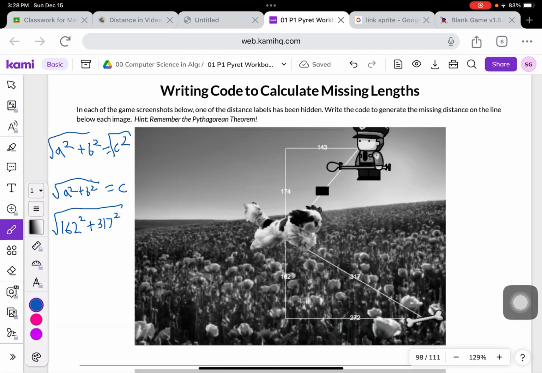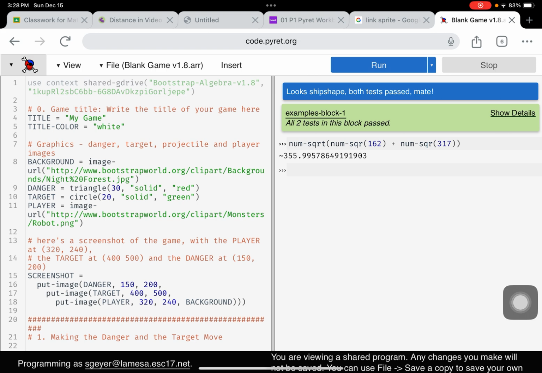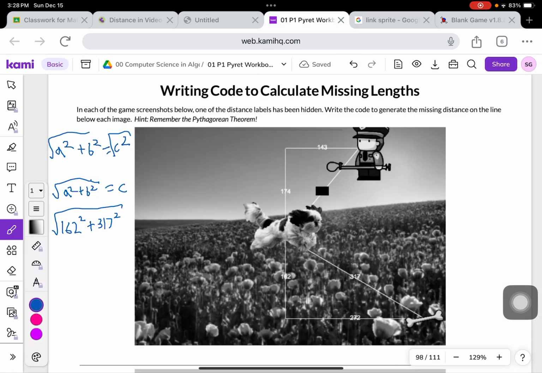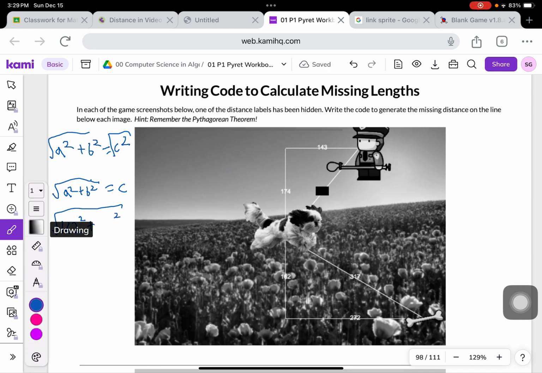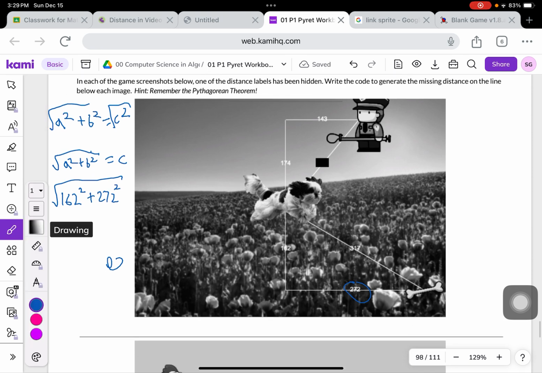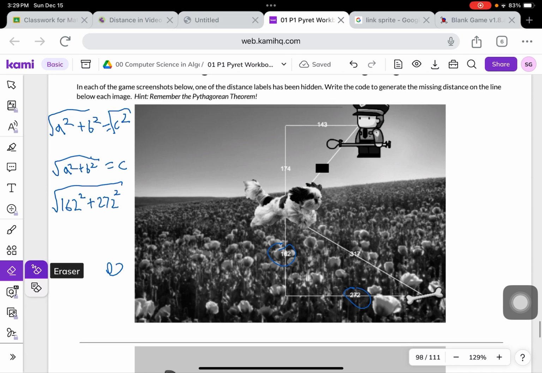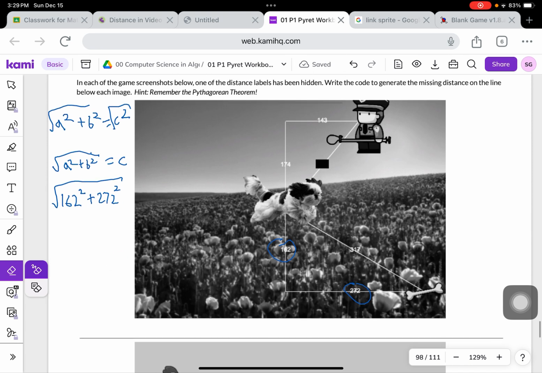That's, I should have got like, what did I do? Why did I put 317? I should have done 272. You square the legs, add those together, and then take the square root.